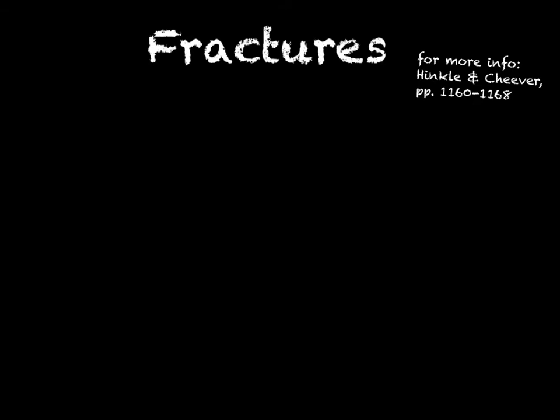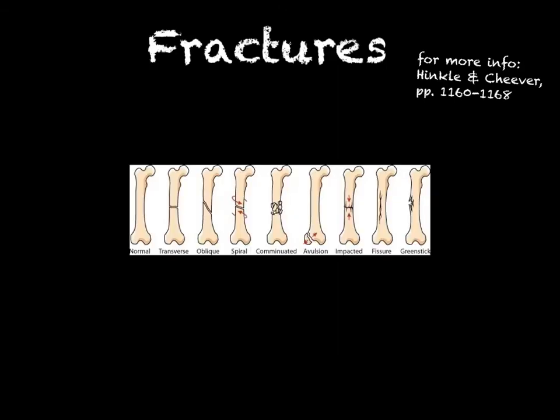There are also different types of fractures. So let's take a look at some of the pictures that we have here. These are fractures of the long bones. We have normal bone all the way to the left, and then moving from left to right, there are transverse fractures. Transverse fractures are across the horizontal plane. It's straight across the bone shaft. This is a pretty easy fracture to reduce as long as the fragments are in close proximity to each other.